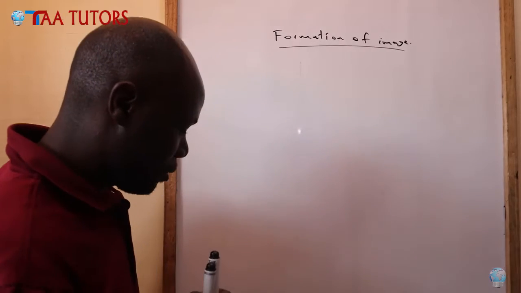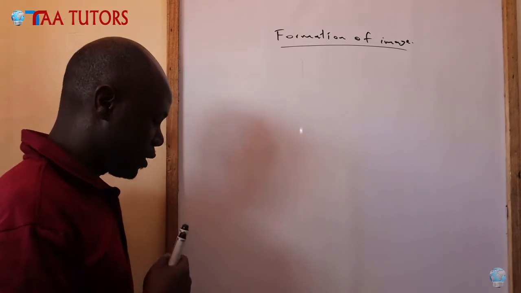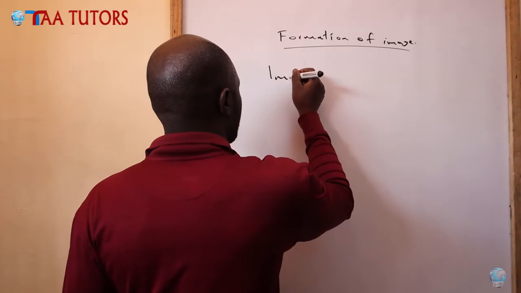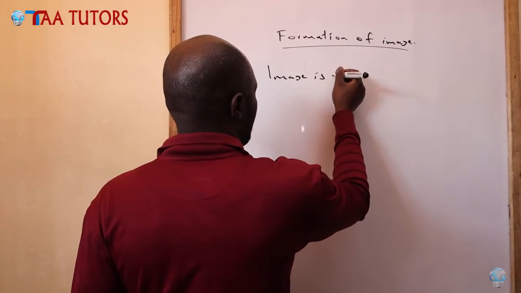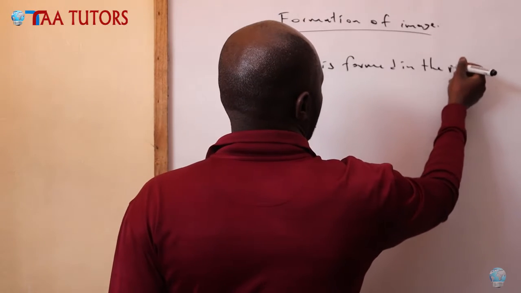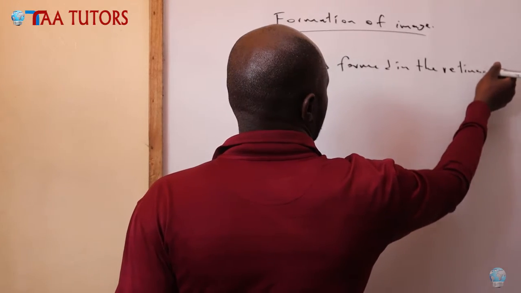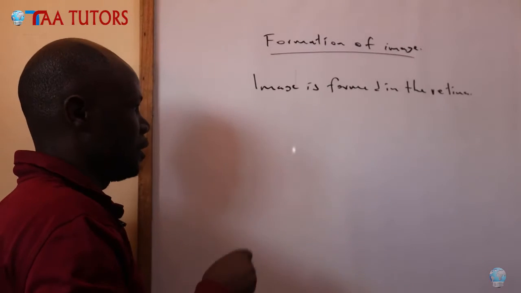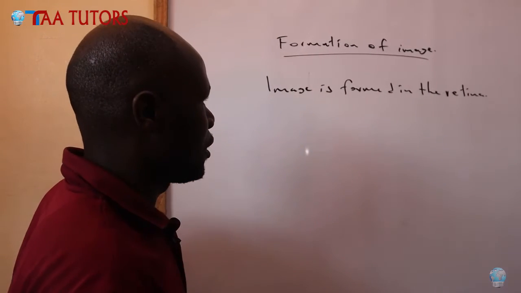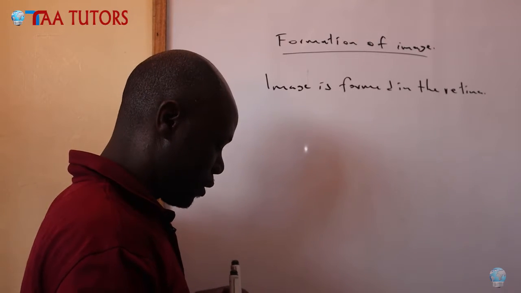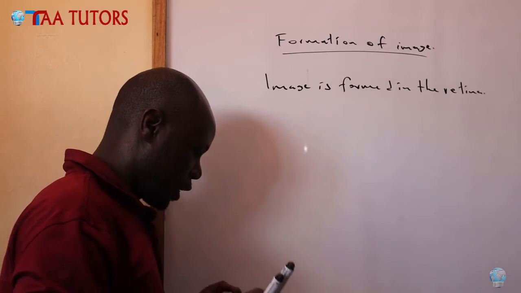Now, we say that an image is always formed in the part of the eye called the retina. So we say that the image is formed in the retina. This is the part where it is formed. Remember, we were saying that the retina has two light sensitive pigments, that is the cones and the rods, and we saw how they were distributed in the eye.